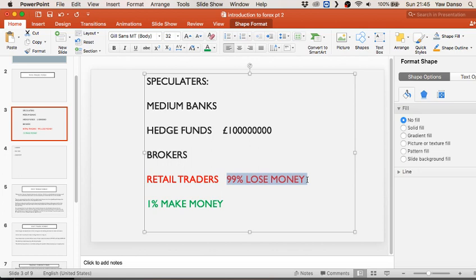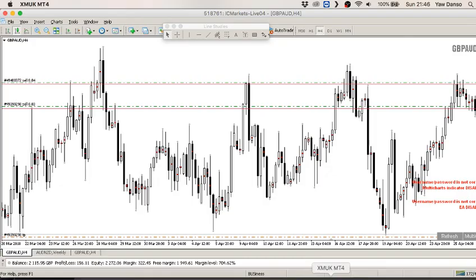Once you've reached that amount, you don't buy anymore. So that's what the 1% people do, and the 99% people don't do. Rules. So I could have bought another Australian dollar up here, but my rule says no, I've bought enough.